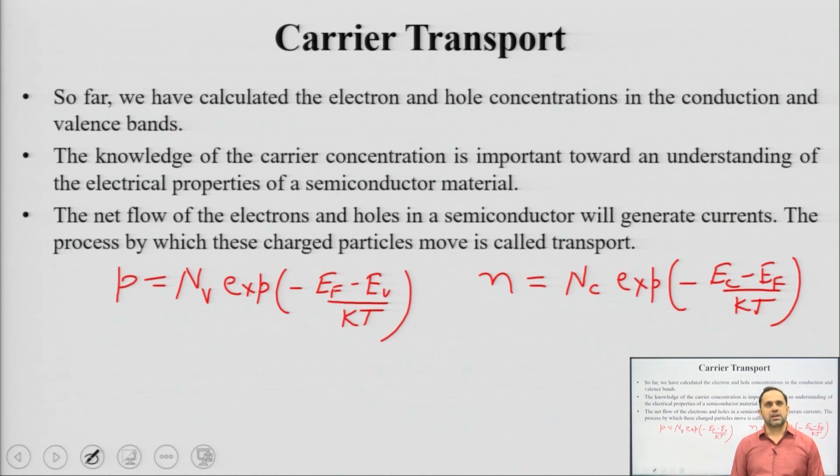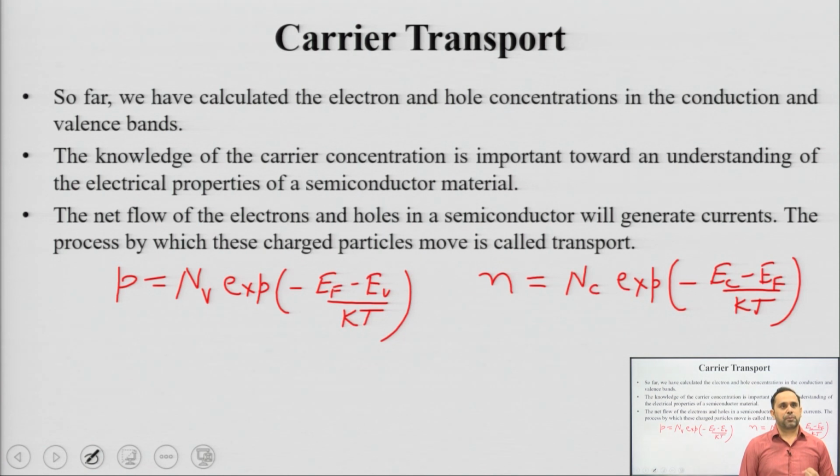The net flow of these charge carriers only, so electrons in the conduction band, holes in the valence band, the net flow of these charge carriers in a semiconductor is what is going to generate current. The process by which these charged particles move is called transport. Okay. That is the main topic which we have, the carrier transport.